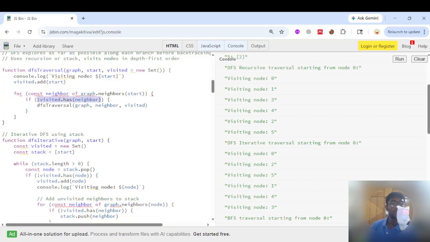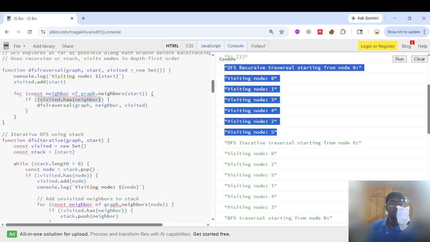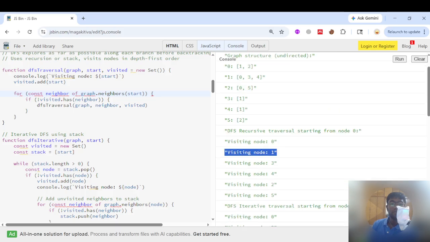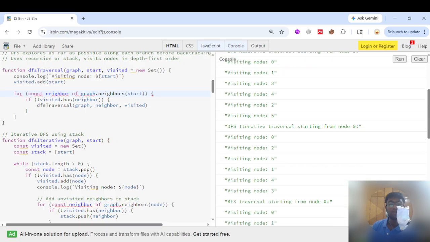If you could see the output here in case of the recursive function, we start off with a root node which goes to 1, and 1 goes to 3, then back to 1, which goes to 4, back to 1, then back to 0, which goes to 2, and 2 goes to 5, which is the last node. So that's the way that the recursive function call goes.